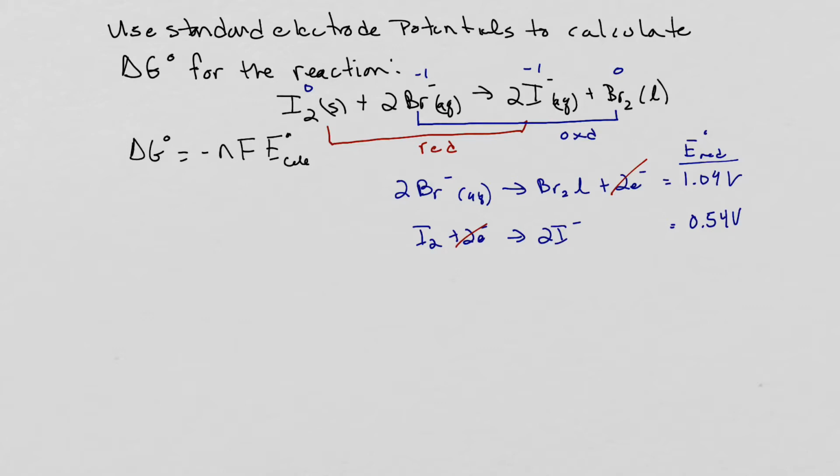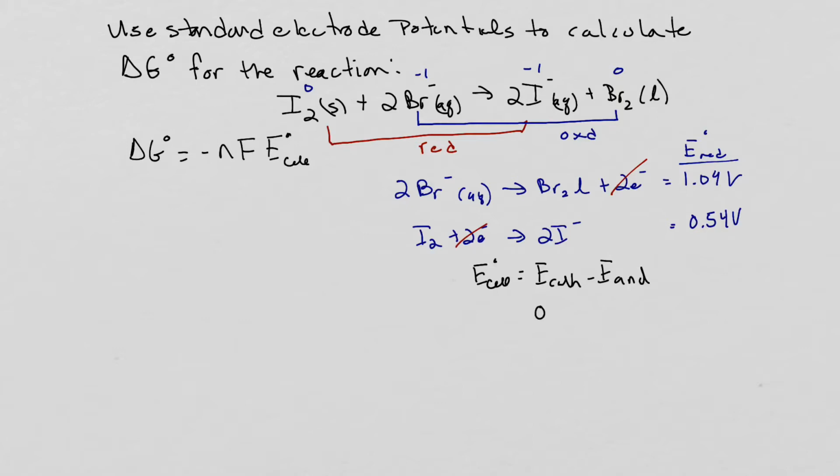Now, if I calculate my cell potential, remember cell potential here is going to be cathode minus anode, or reduction minus oxidation. My reduction is the iodine, so that's at the cathode.